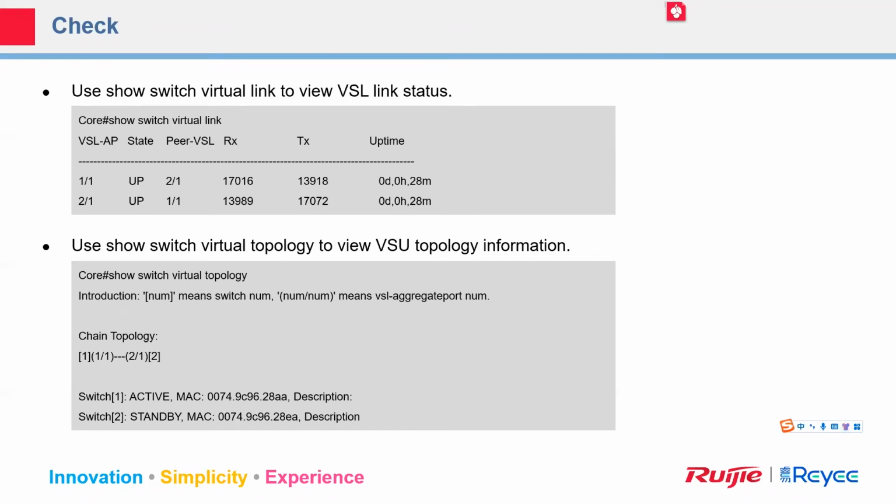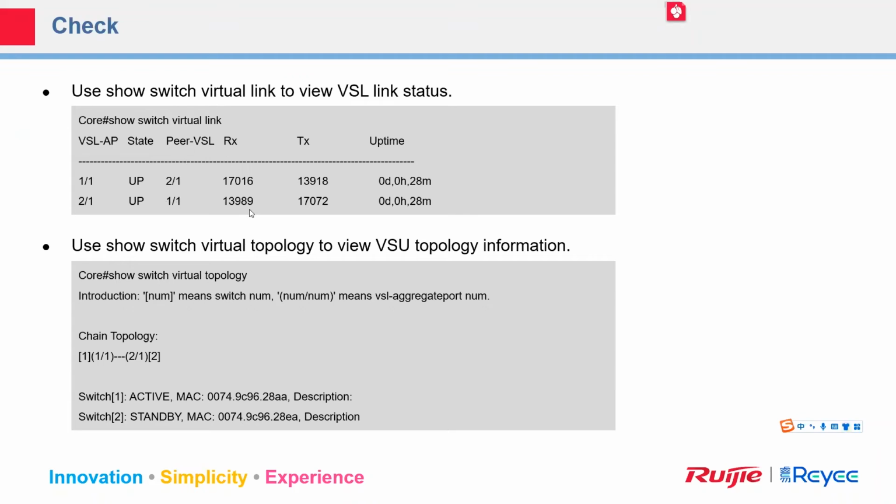Besides this, we can also see whether the switch virtual link is ready or not. What's the VSL AP? Pay attention, this is aggregation point, not the access point. This is not the wireless part. Aggregation link point, and the status is up.